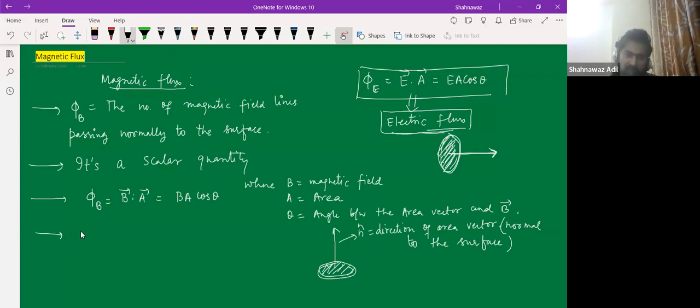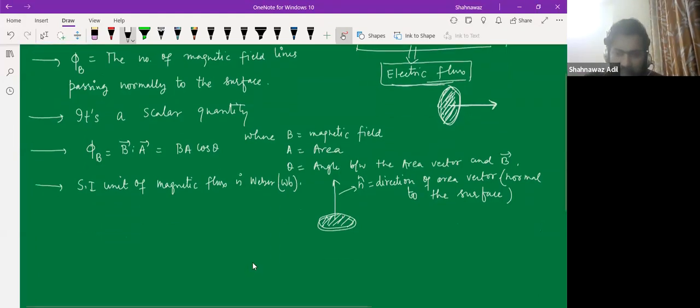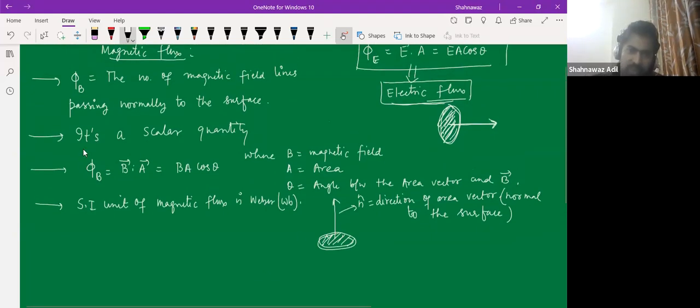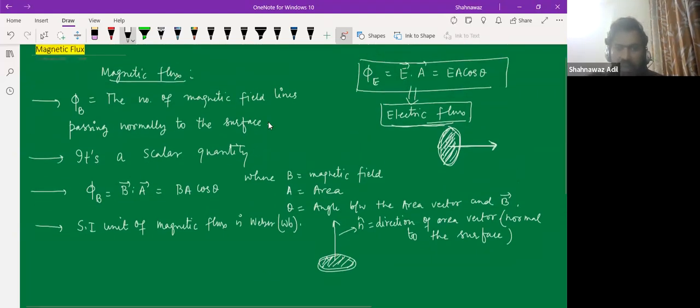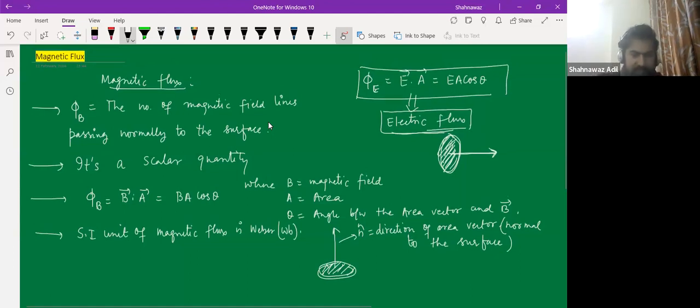And the SI unit of magnetic flux is Weber, and this is represented as Wb. These are the important things to remember about magnetic flux. Please note this down, and then we'll talk about the other.